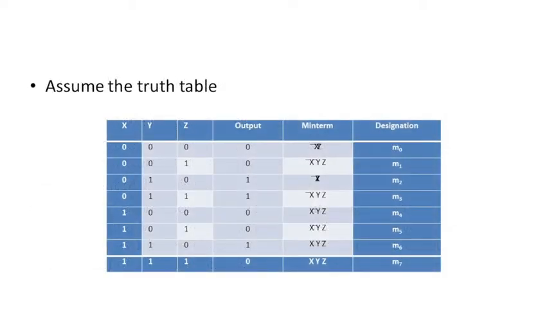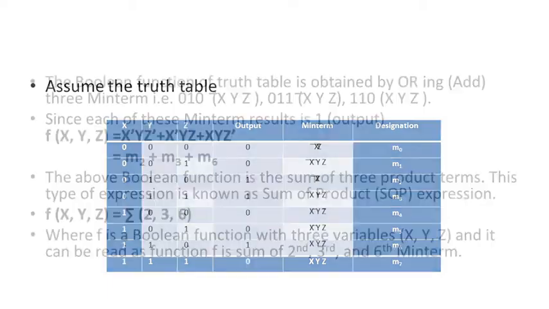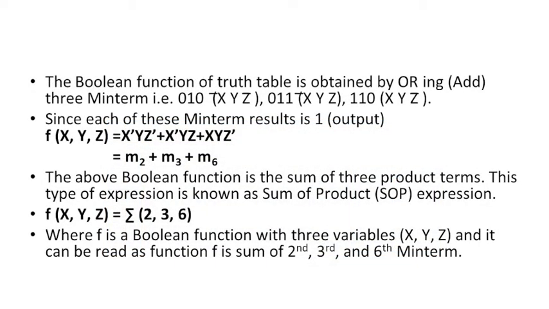Assume the truth table x, y, z, the output will be given. They have given the output and the minterms also, that is m0, m1, m2, m3, m4, m5, m6, m7. So that depends upon the truth table. The Boolean function of the truth table is obtained by ORing three minterms, that is 0, 1, 0, 0, 1, 1 and 1, 1, 0.